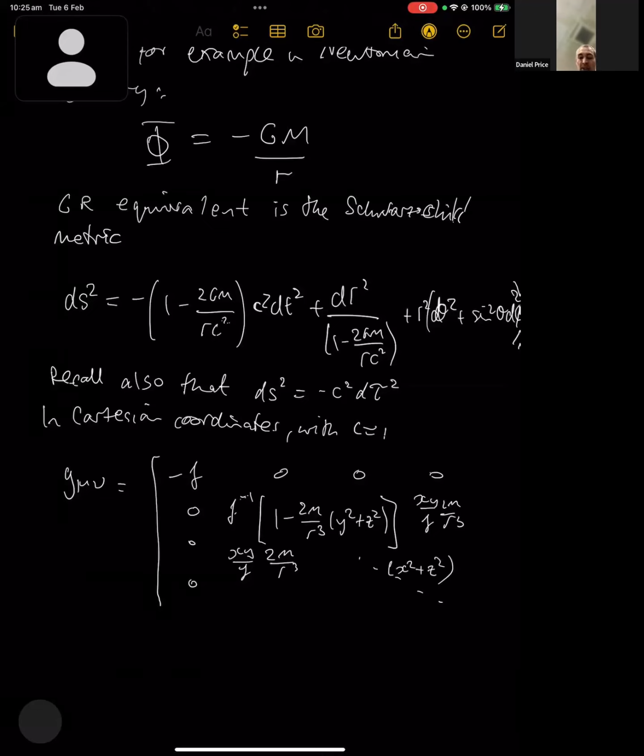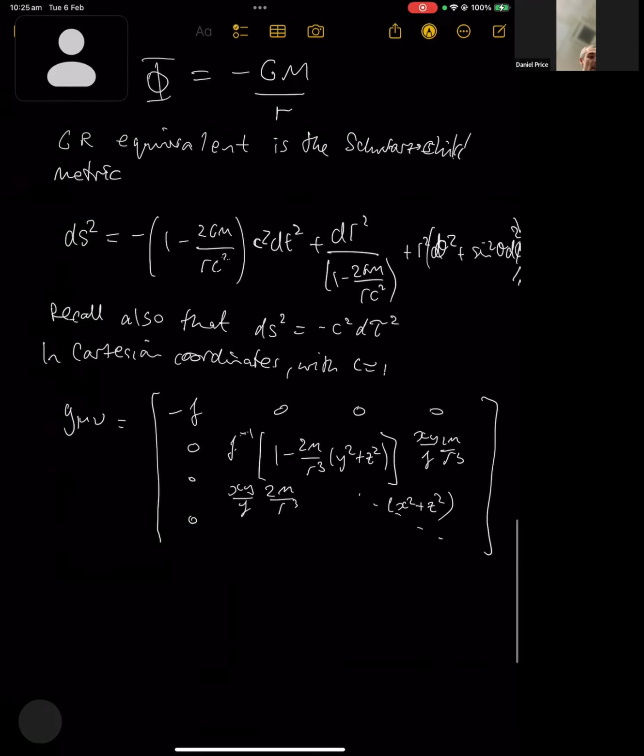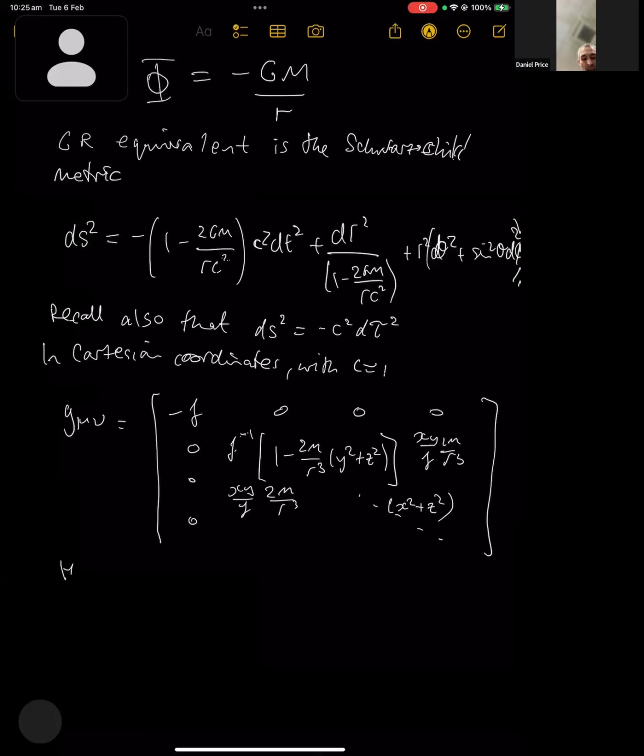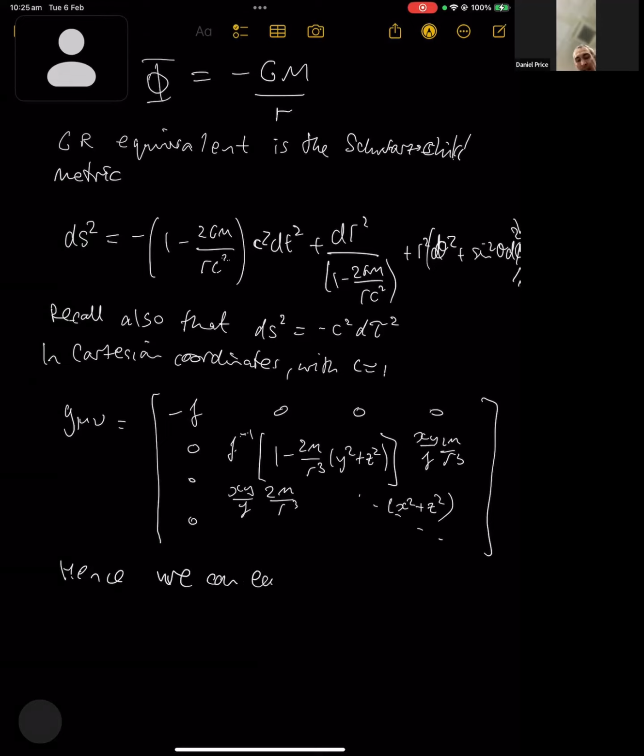So this is merely to illustrate that it's reasonably straightforward to write down the Schwarzschild metric in Cartesian coordinates. And so hence the terms that we need for the gravity from the black hole, we can easily compute the dg mu nu dxi terms that we need.